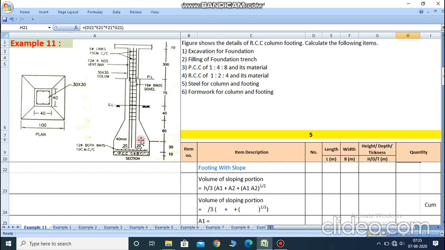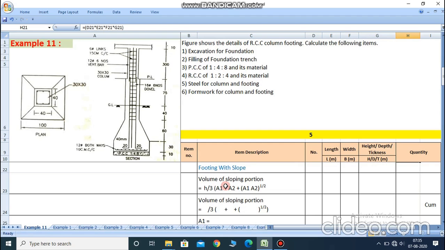So A1 is 1 meter by 1 meter and A2 is 0.4 by 0.4. First we calculate the total quantity of the RCC work for a slope footing. Here the volume for the slope portion is h by 3. It is a standard mathematical equation.